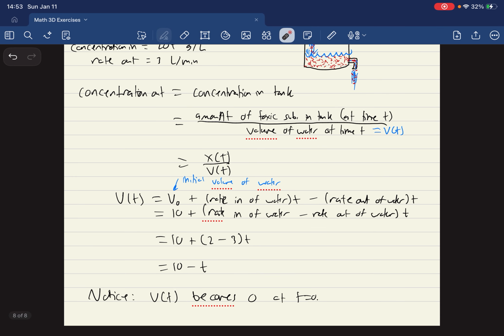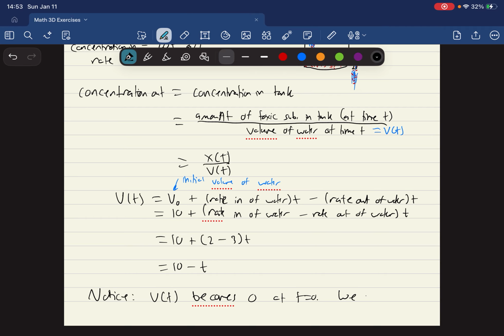And so what this means is that we will assume that t is less than, oh, that's a typo. And let me be more complete.